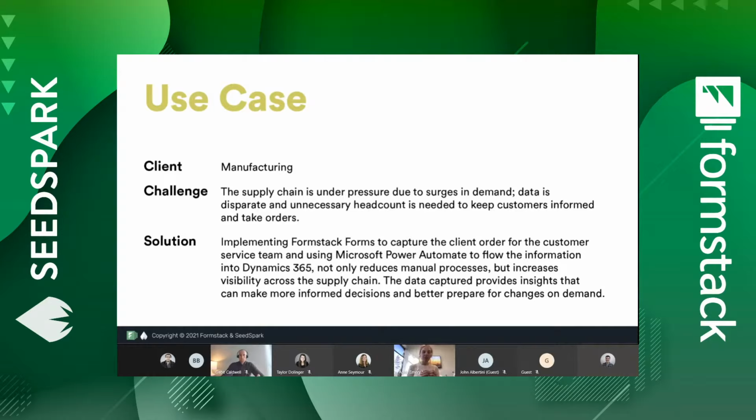I love this example specifically because Dynamics is a really robust system that lets you see where an order is in the supply chain, and it also makes things a lot simpler. If you get an email back from Dynamics with the order number, you can see exactly what's happening with that product just by hovering over the number.